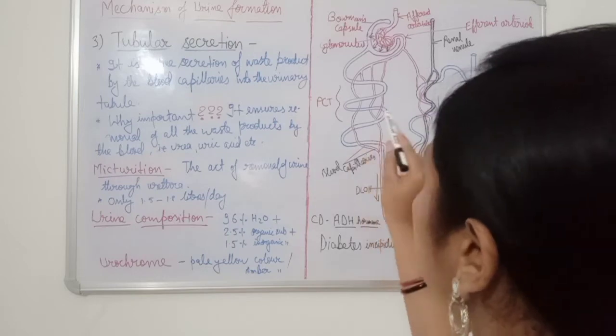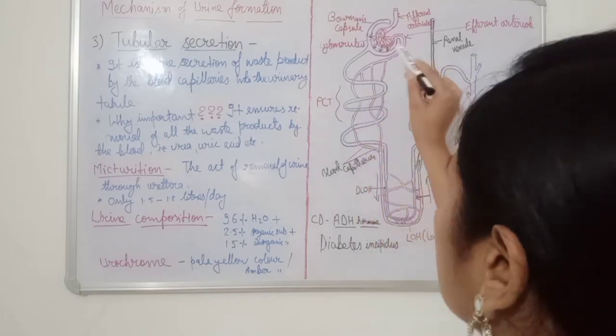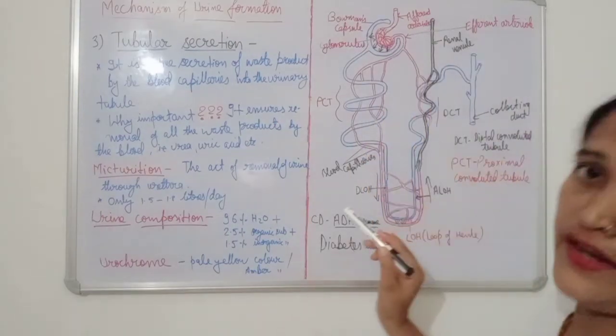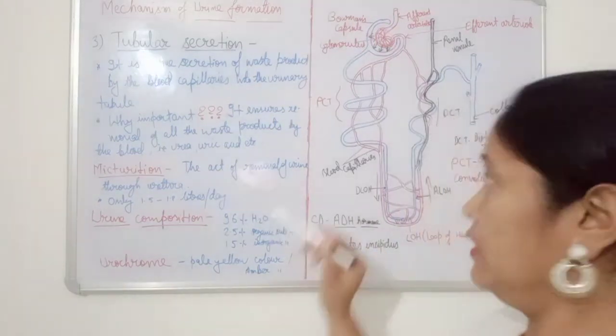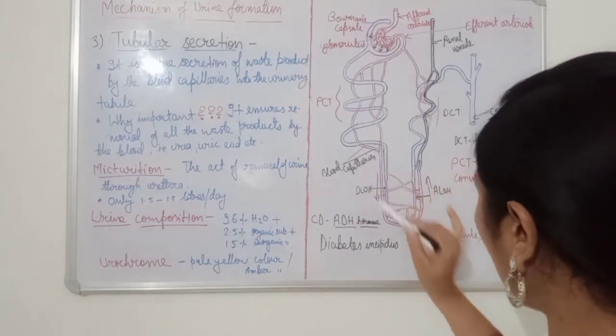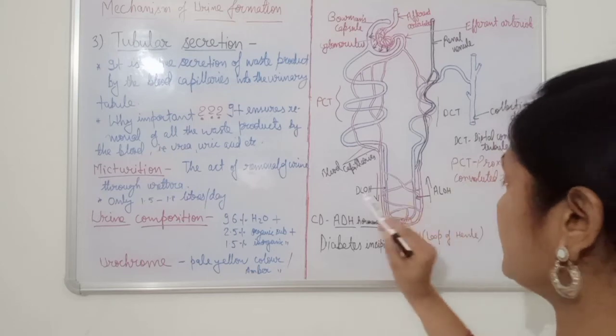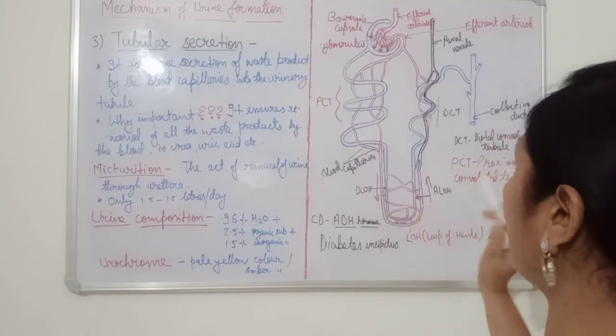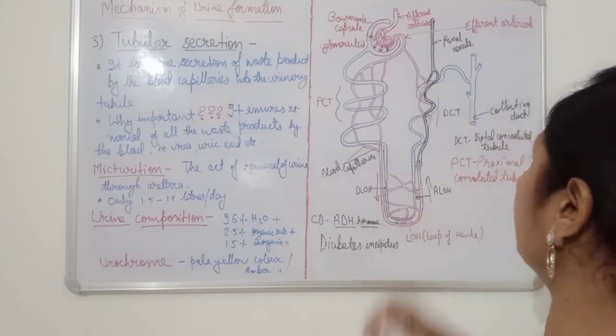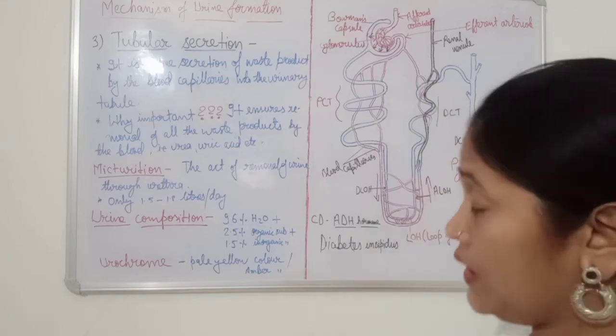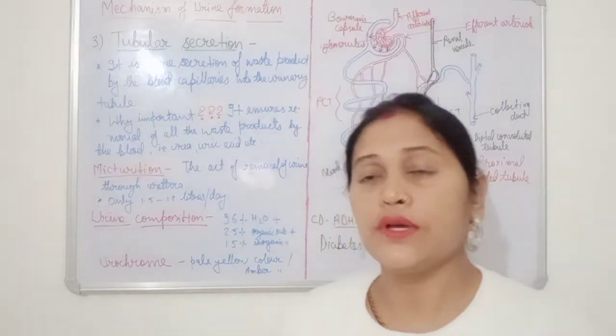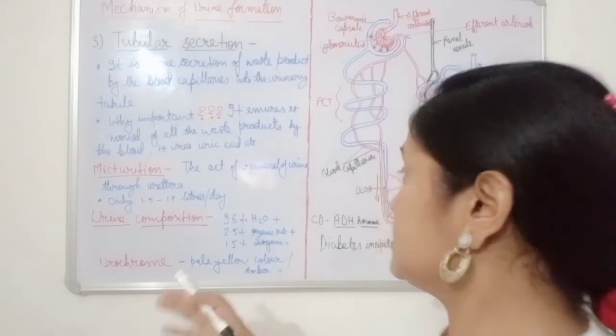You can see these are the peritubular capillaries present in almost all parts of the nephron: the PCT, the loop of Henle, descending and ascending limbs, then the DCT area, then the collecting duct. In all these parts it is present.